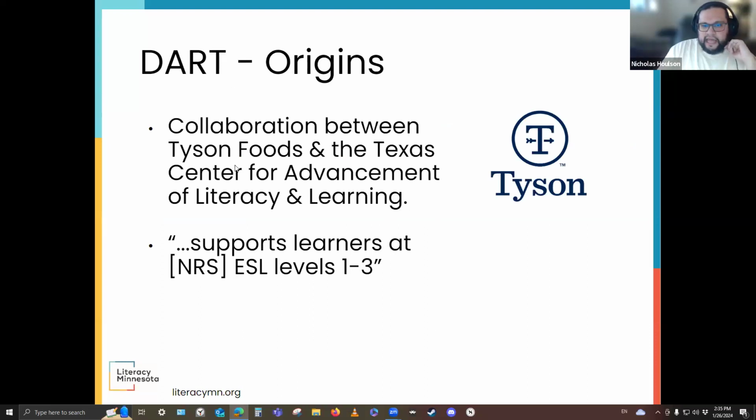DART first began as a collaboration between the Texas Center for Advancement of Literacy and Learning, hosted out of a university, and Tyson Foods. They created an initial program that was all about helping migrant workers and other worker populations understand Tyson's proprietary software, things like Tyson's version of a time card, a Tyson web portal, things like that.